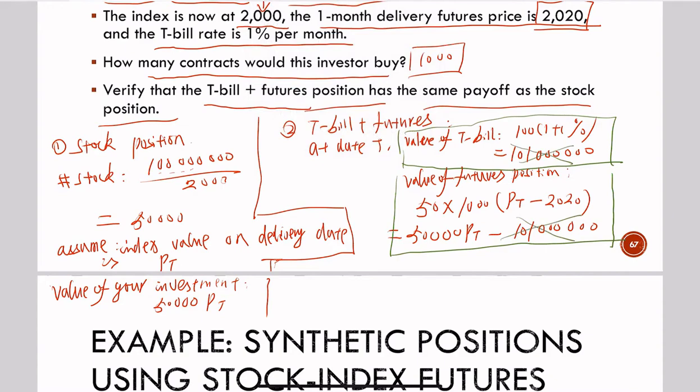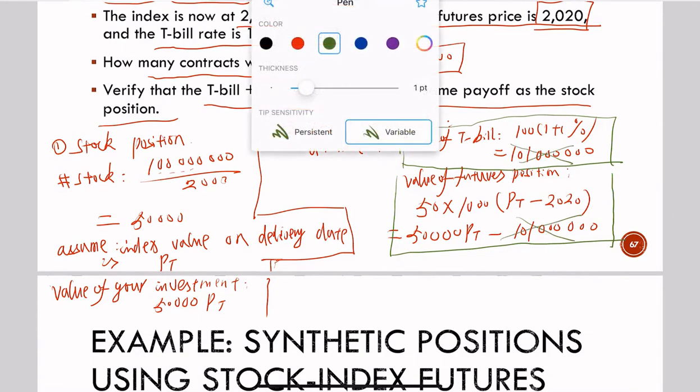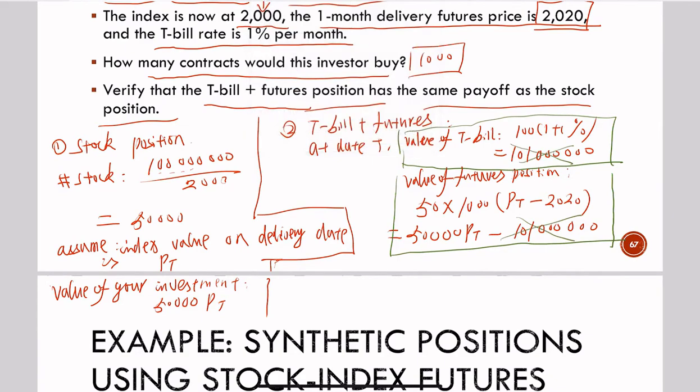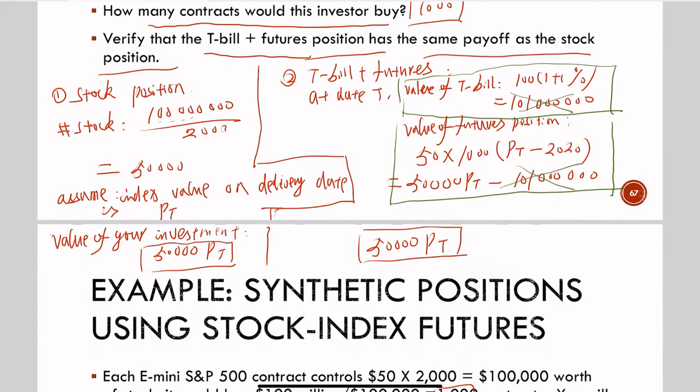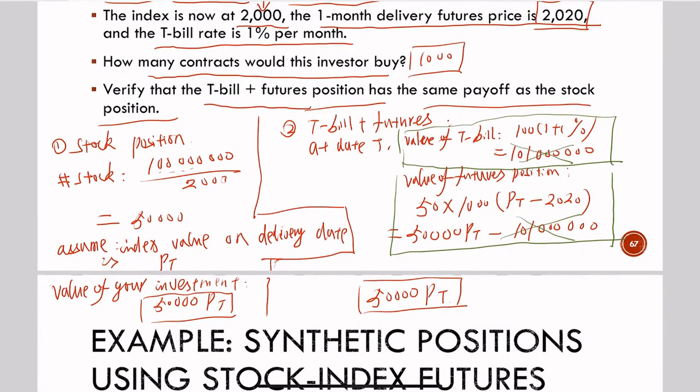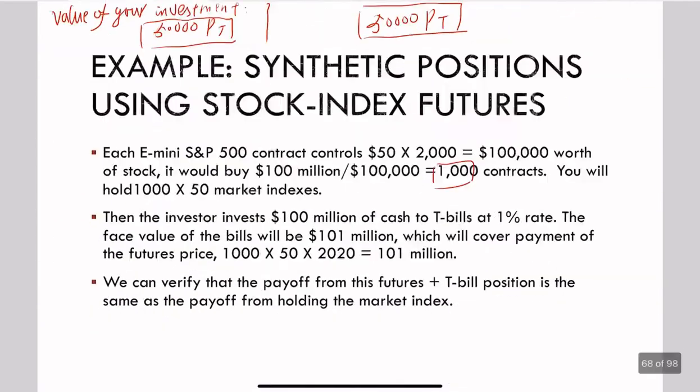So you can see that obviously the final payoff of your portfolio would be 50,000 PT. So you can see that these two numbers definitely are the same. So essentially what you're seeing here is you're using this futures investment to replicate your investment in actual equities. Okay.